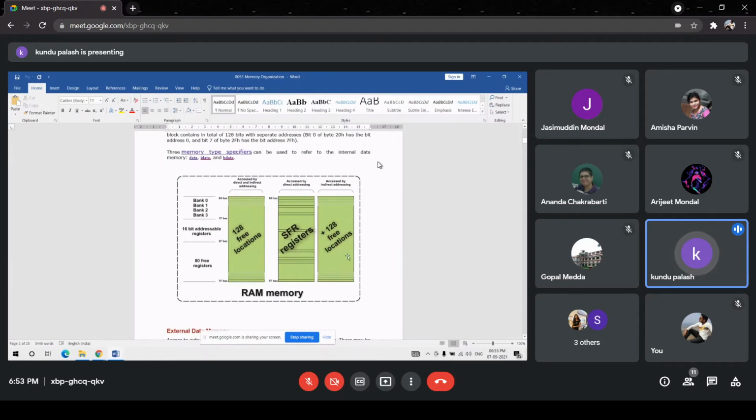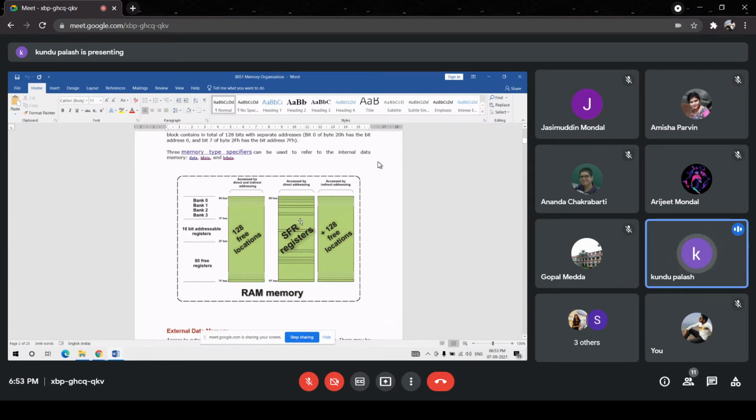So this is the internal architecture of the data memory, which is partitioned for user accessibility, that is only 128 bytes. Again, some part, some volume, is not user accessible, but it is used by the internal blocks of the 8051.